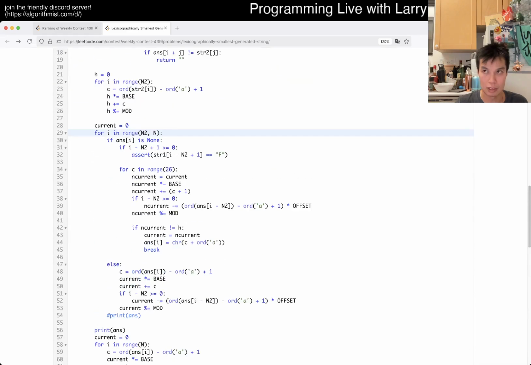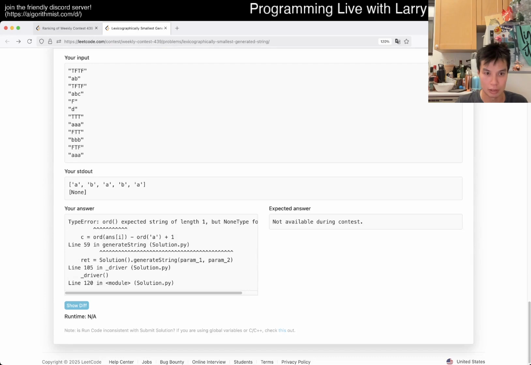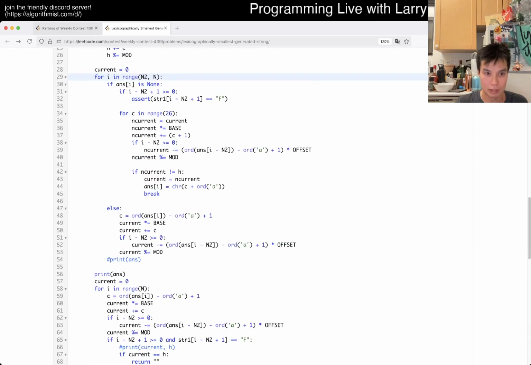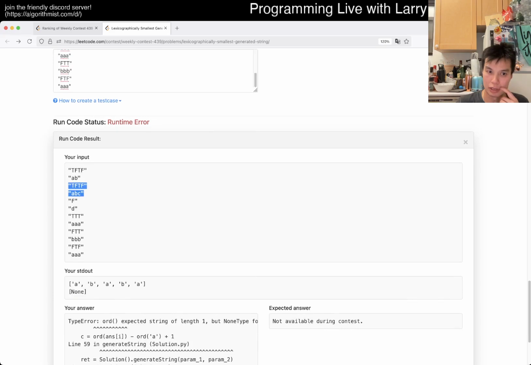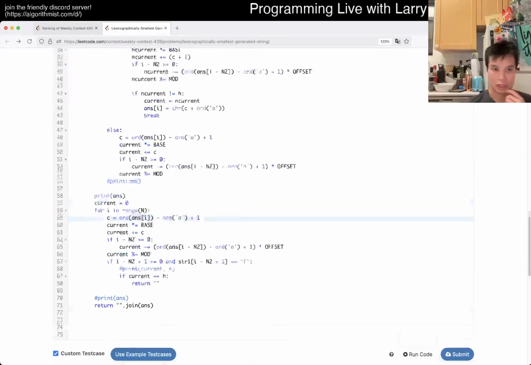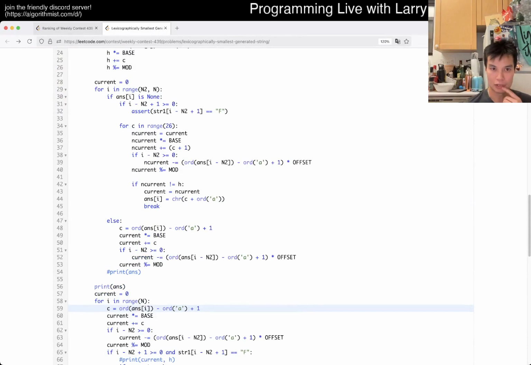I want to skip the first N2 characters. 959. Yeah, I mean, that makes sense. So then, wait. Shouldn't this have more? Oh, because I penned? No.